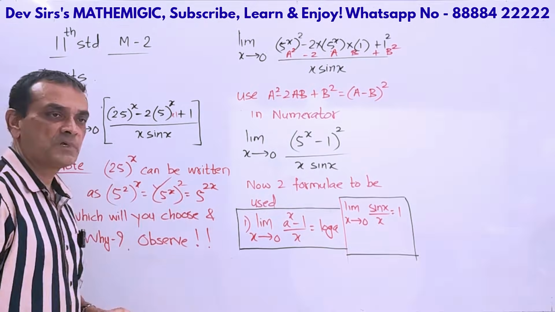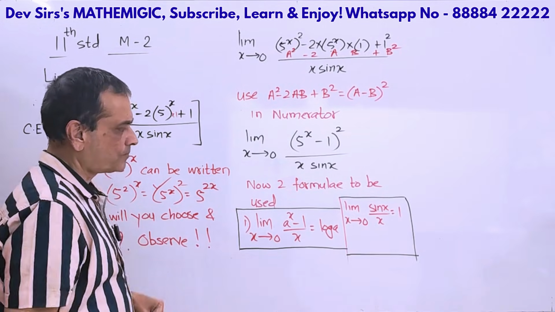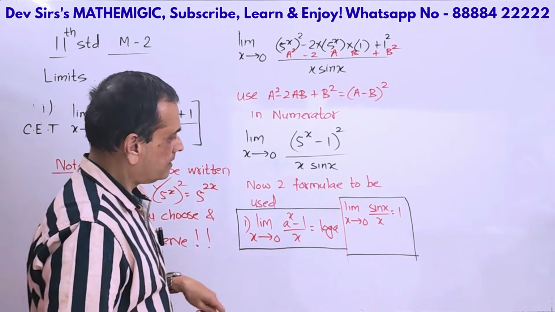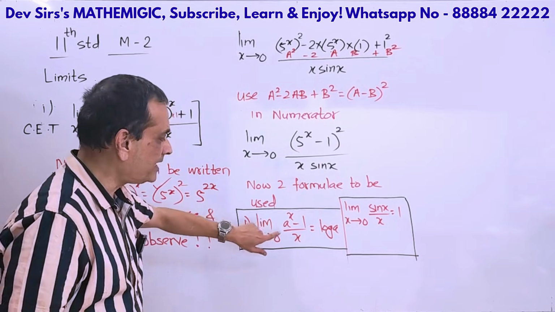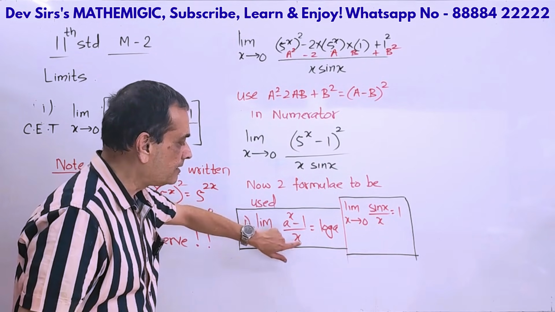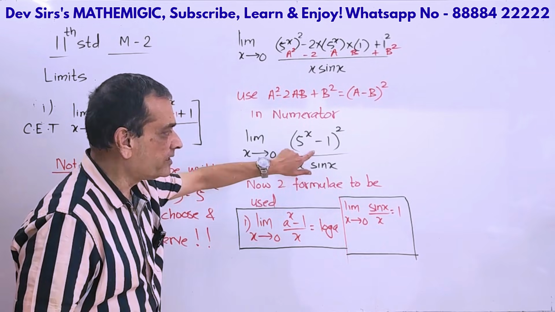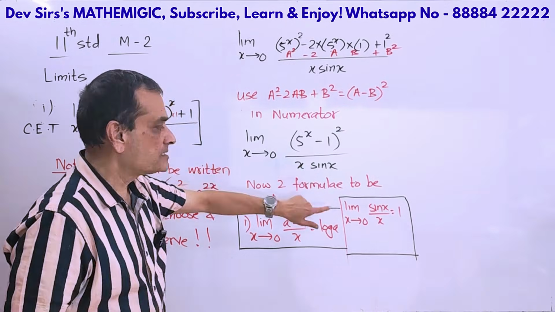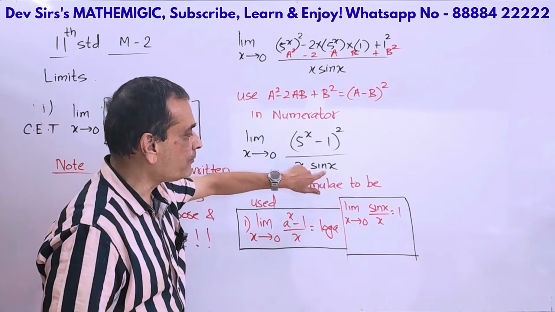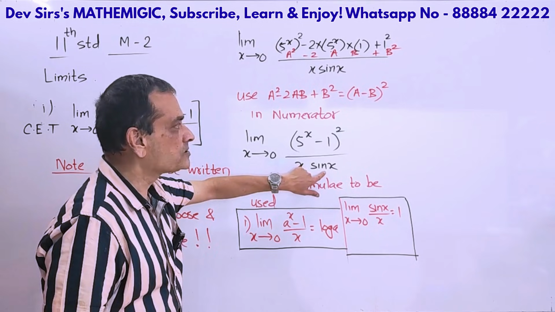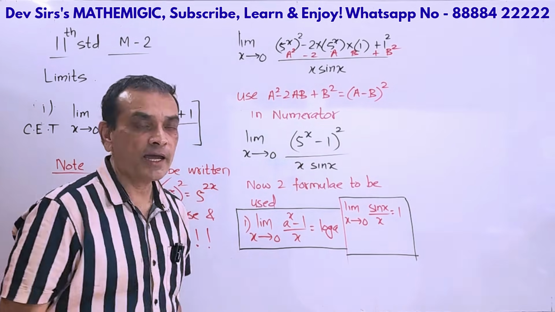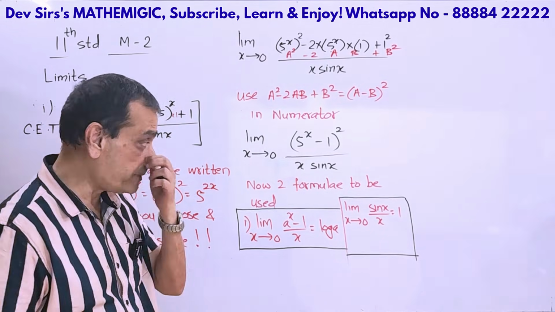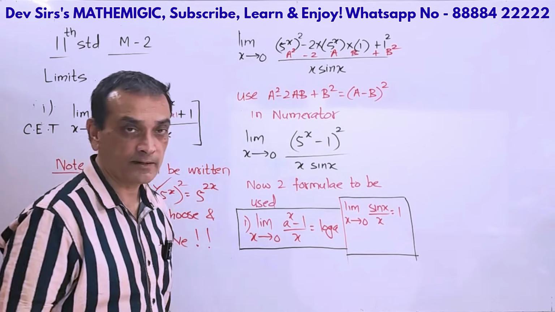Okay, see, 5 raised to x minus 1, compare with this formula, it is a raised to x minus 1. I want upon x over here. Sin x upon x, I want upon x over here. So what I am going to do is divide numerator and denominator by x squared first, because that bracket squared is there.